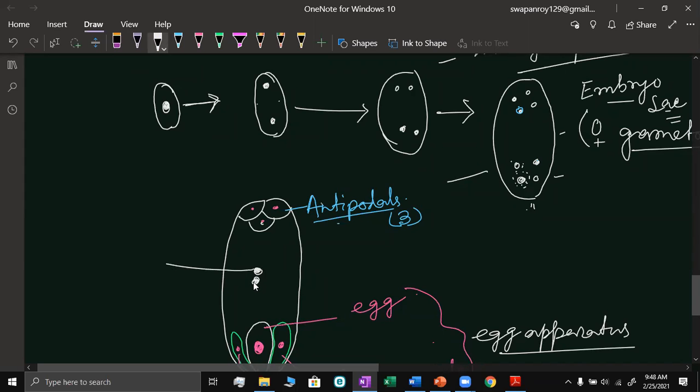These polar nuclei will fuse together, and then it will be known as the secondary nucleus.